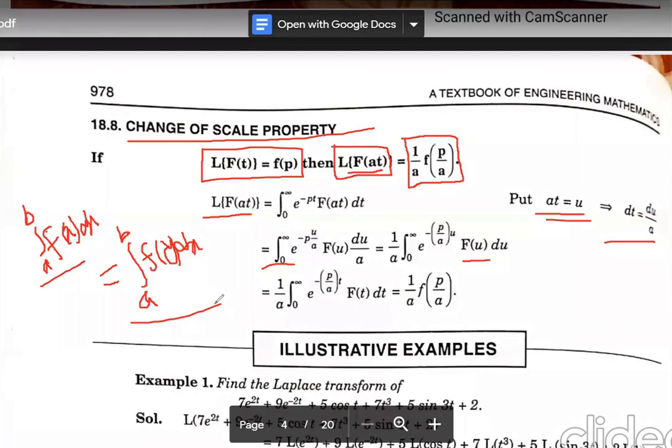There will be no change in the value of the integration. This is the property of definite integral. So I have just changed u by t. So e to the power minus p by a into t, f of t dt.